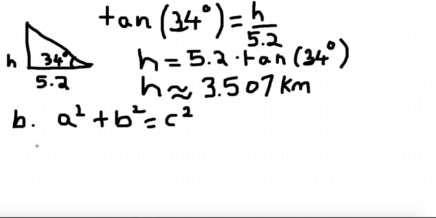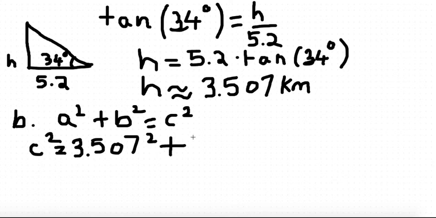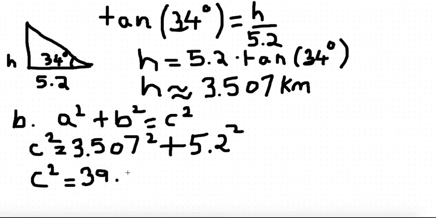And c squared would equal 3.507 squared plus 5.2 squared, which is equal to 39.339049 exactly.